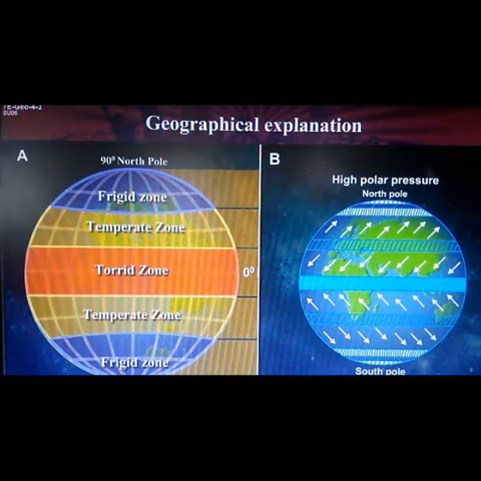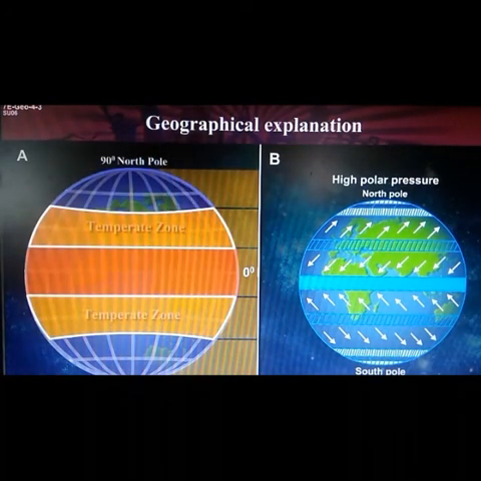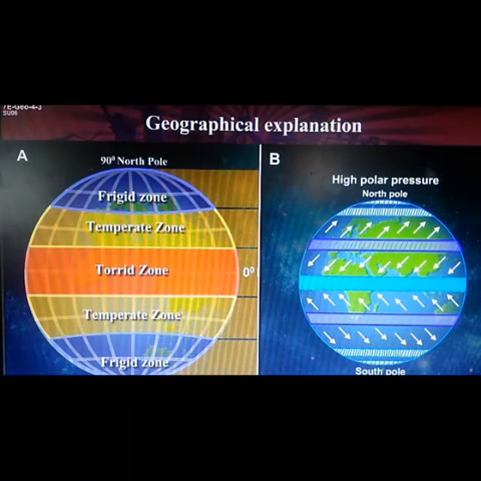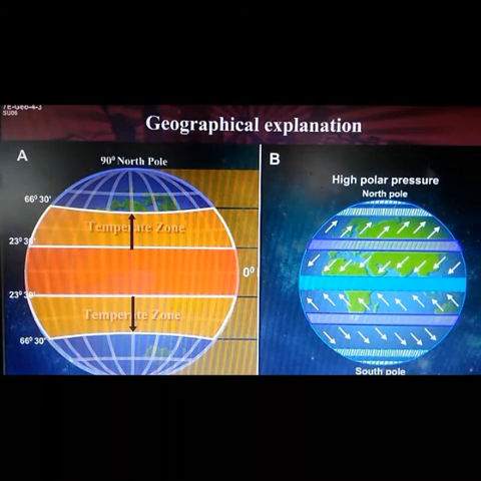Children, we have seen earlier that the temperature zones and the pressure belts are interrelated to each other. But the latitudinal extent of the temperature zone is larger while the pressure belts are narrower. See children, here the temperate zone extends from 23 degree 30 minutes north and south to 66 degree 30 minutes.